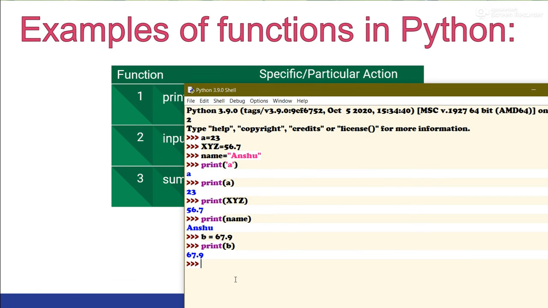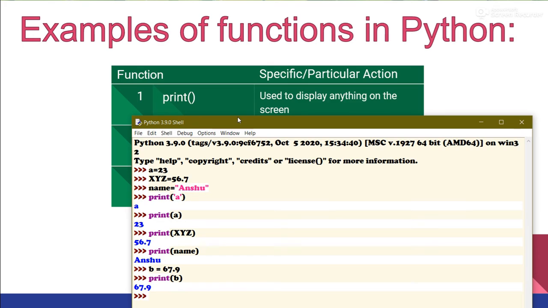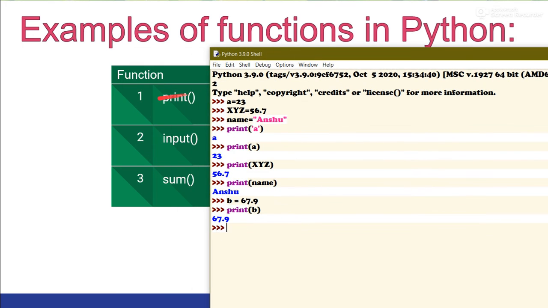So now you should have more knowledge of what print exactly is. Print is nothing but a function, and it performs a specific task of printing something on the screen, whether it's stored in a variable, a string, a text, a number, or anything else.